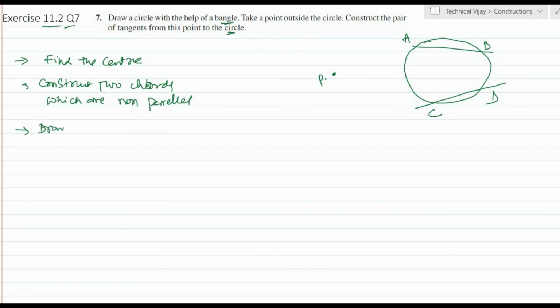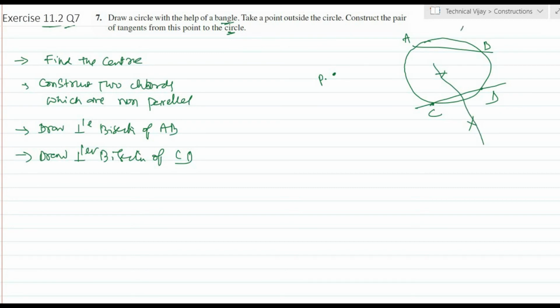For a perpendicular bisector, take the compass with more than half the length, construct arcs from both points, and join them. Do the same for the other chord. You will get one point, the intersection of the two perpendicular bisectors, which is the center of the circle.